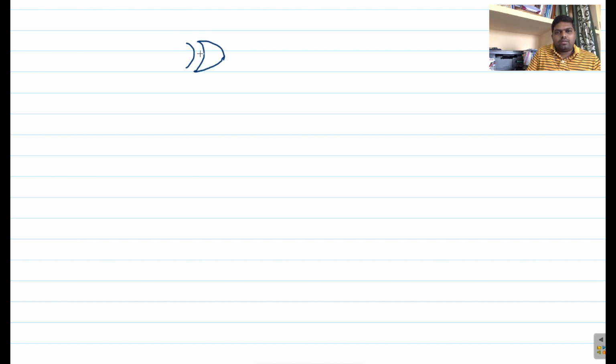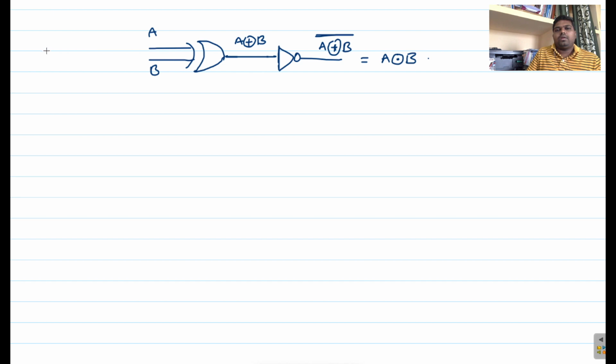This is XOR gate with inputs a, b. So here our logic y equals a XOR b, which is followed by NOT gate, so that we will get (a XOR b) whole bar. So this we can write as a XNOR b. This is your complete XNOR logic.